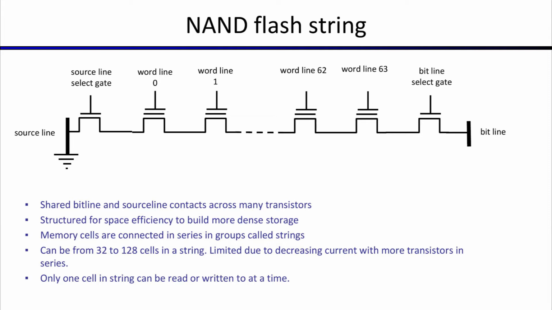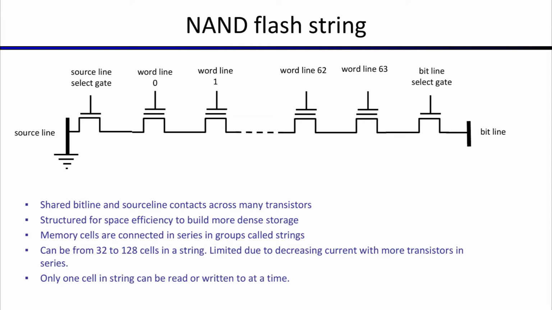These are called strings. When you connect more of these transistors together in series, the current drops because each of these transistors acts as a resistance. So it also slows down the read path. And keep in mind that just because they are in a string doesn't mean that you have to read or write all of them together.